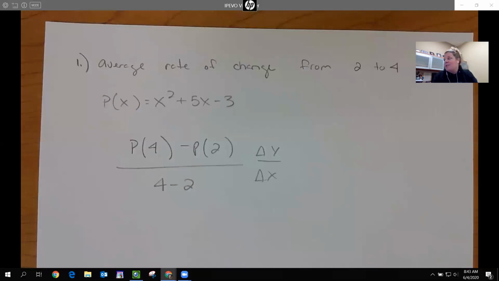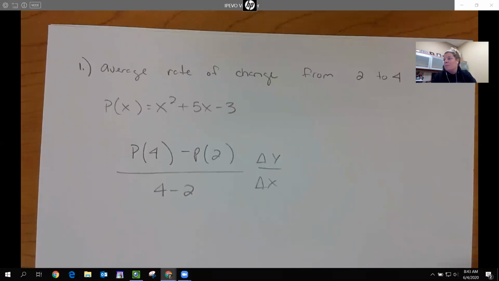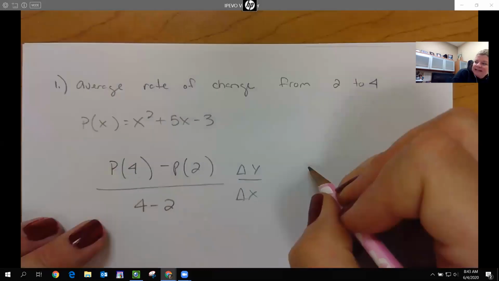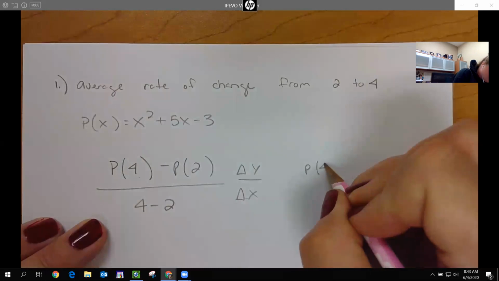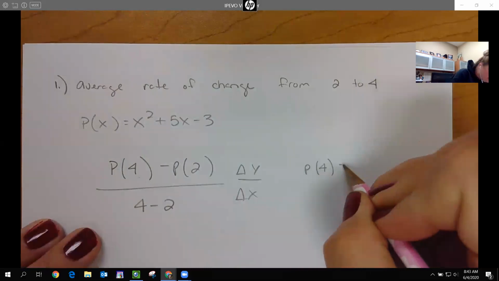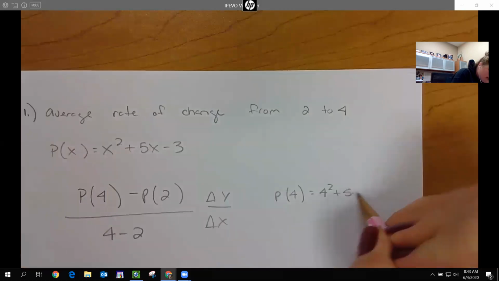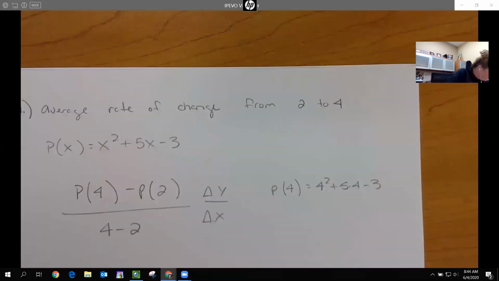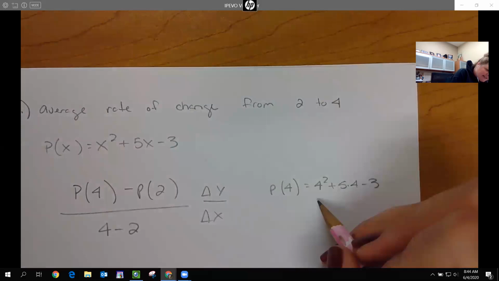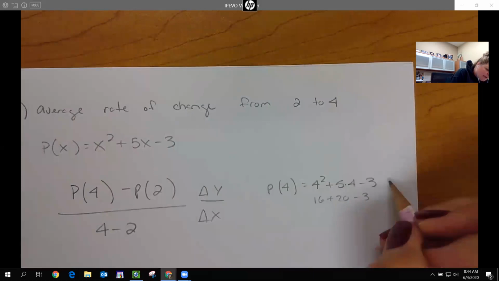Okay, so how am I going to do that? I'm just going to put it in our function. What is p of 4? Putting that in would be 4 squared plus 5 times 4 minus 3. 4 squared is 16, 16 plus 20 minus 3 is 33.